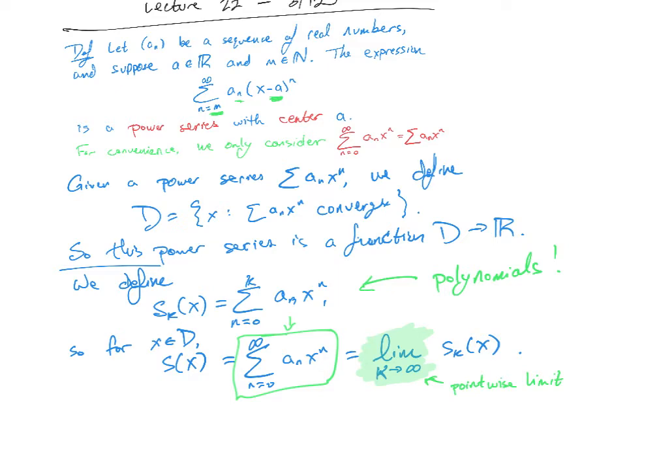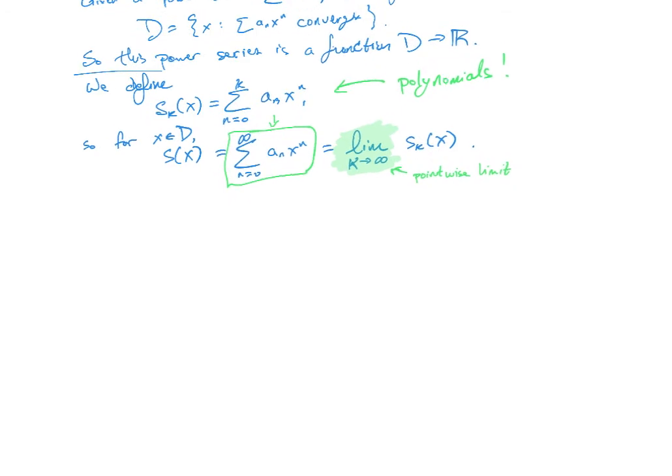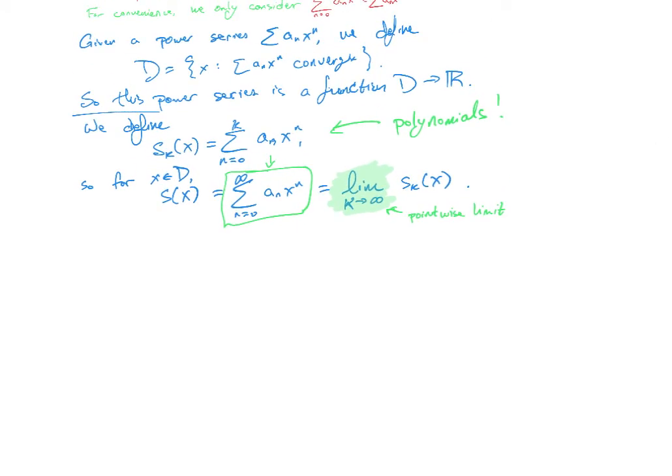Okay? Now, you might remember from Calculus 2 that we have these intervals of convergence and radii of convergence. Actually, before we define those, we're going to see what they are. So this is our first result. Theorem.